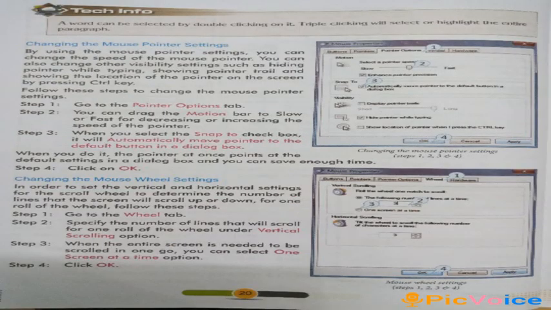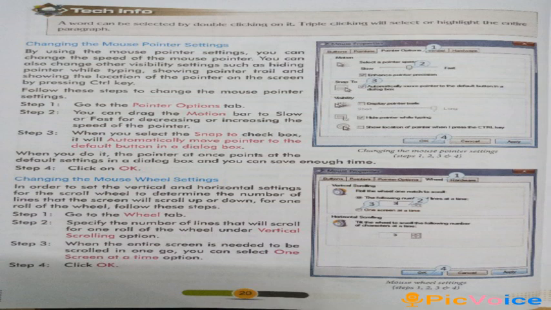Changing the mouse pointer settings. My dear students, to change the mouse pointer setting, we should follow 4 steps. Step 1 is select pointer option from the mouse properties dialog box. Then step 2 is drag the motion bar to slow or fast for decreasing or increasing the speed of the pointer.